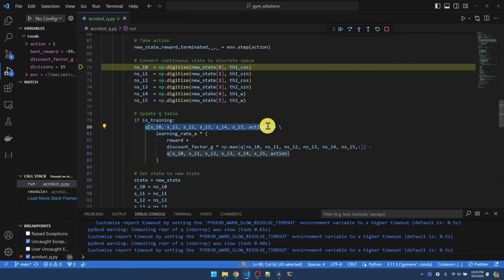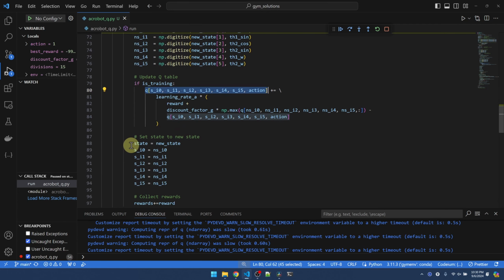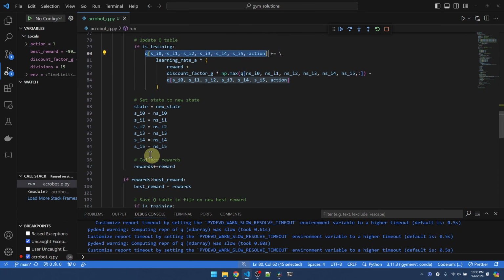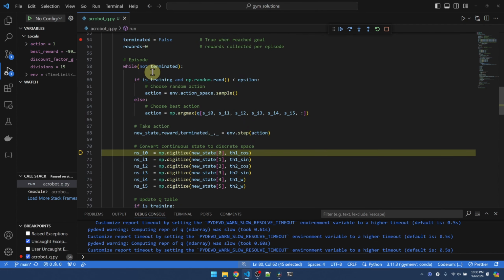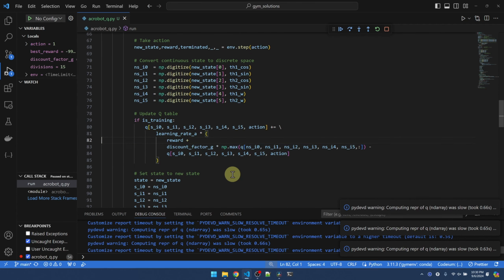We're updating the Q table for the current state and action with the incremental Q value here. After updating the Q table, we can set our current state equal to the new state, collect our reward, and then go back up into the while statement here. So let me continue. Update the Q table.